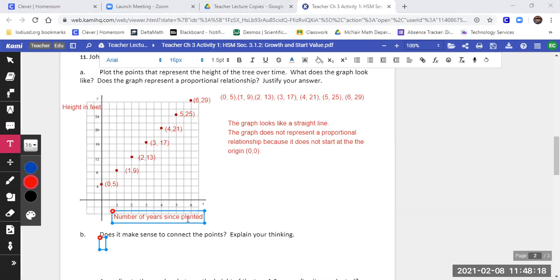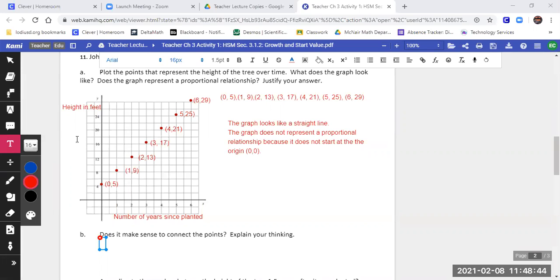If I'd been using number of years since planted and number of trees, it wouldn't make sense to connect them because we wouldn't have 1.2 trees or 5.7 trees. There's either 4 trees or 5 trees. So when you're looking at connecting, if it can only be a 1, a 2, a 3, a 4, and make sense, then you can't connect them with a line.